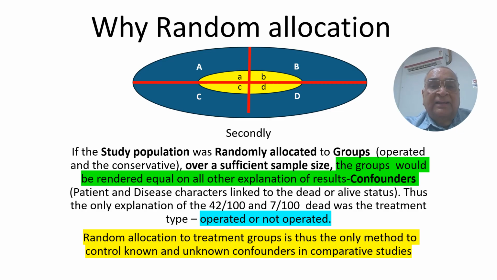Thus, the only explanation of the 42 upon 100 and 7 upon 100 dead which will remain will be the treatment type, operated or non-operated.